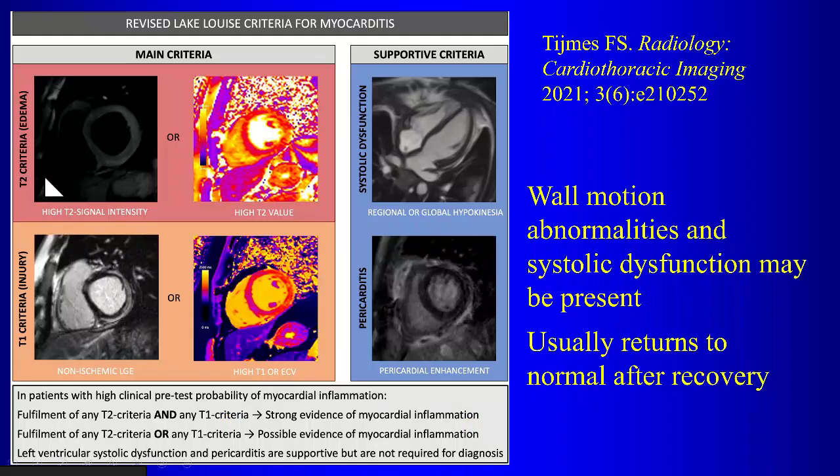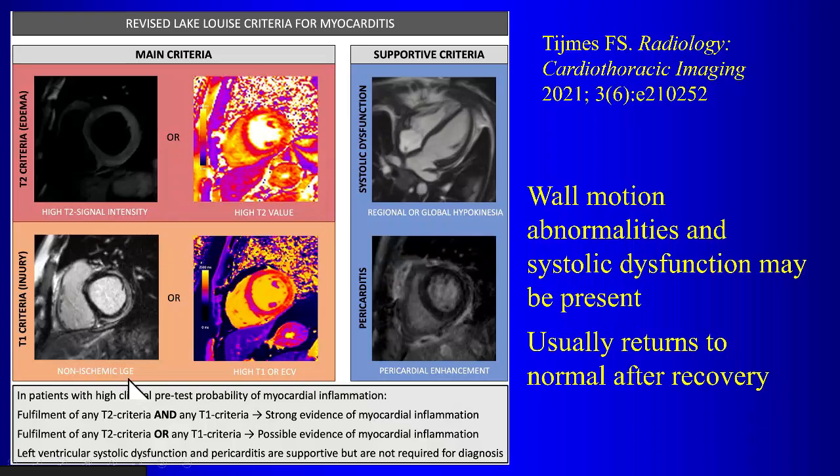So here's an example. There might be wall motion abnormalities and systolic dysfunction at presentation, although that usually returns to normal after recovery. Here we see high T2 signal, right? That's the edema. If you do T2 mapping, there will be areas of abnormal T2 times, which usually correspond to areas of edema.